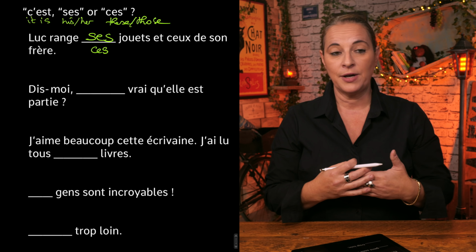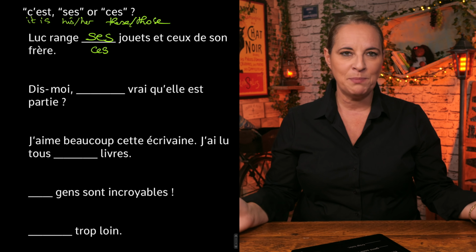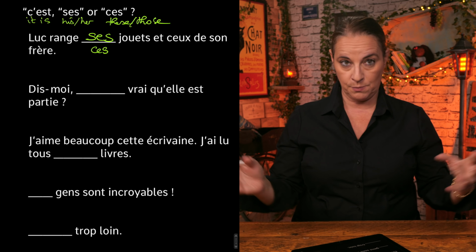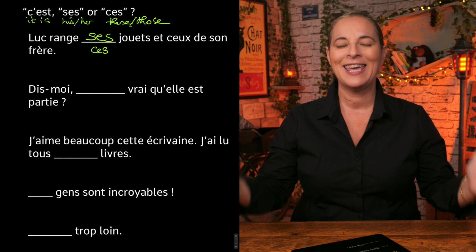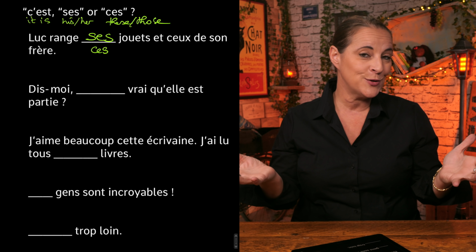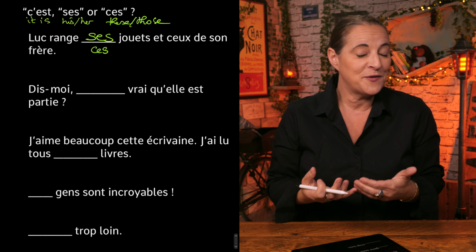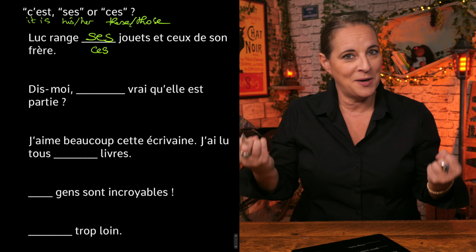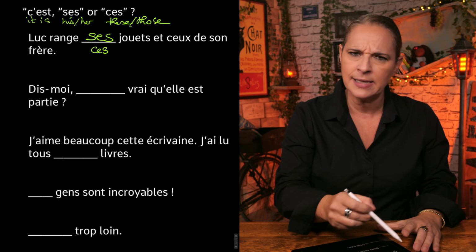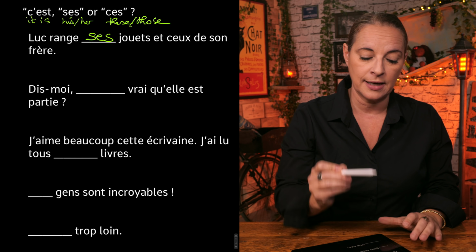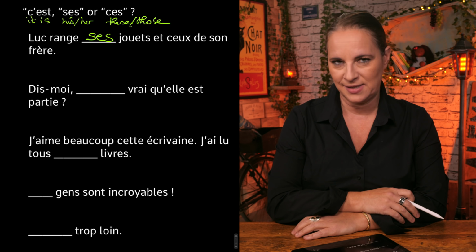Because we are referring to these toys. It depends whether Luc is putting away these toys or Luc is putting away his toys. So we don't know here. So technically, both of them can work. Can you see how it's all about context, okay? If I tell you, actually, in this case, they belong to Luc, then in that case, stick with ses.